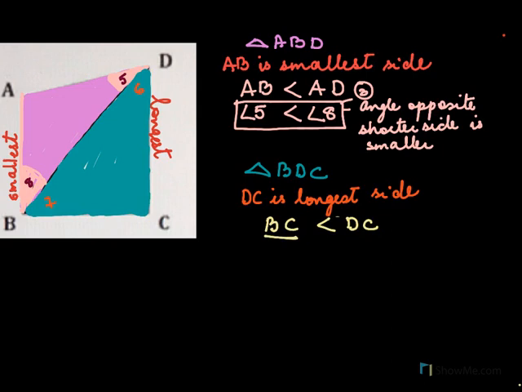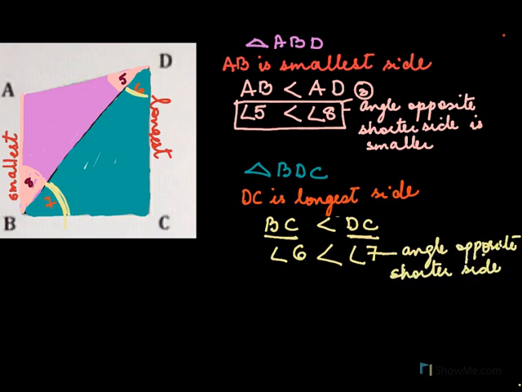Opposite BC will be angle 6, and opposite DC will be angle 7 here. So angle 6 will be less than angle 7. Angle opposite shorter side is smaller.